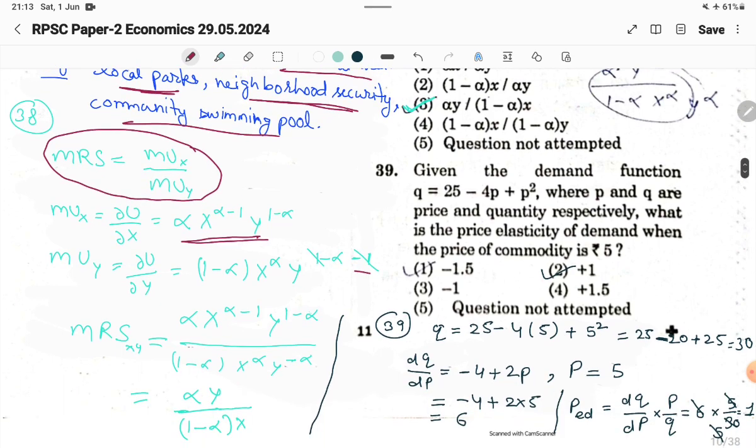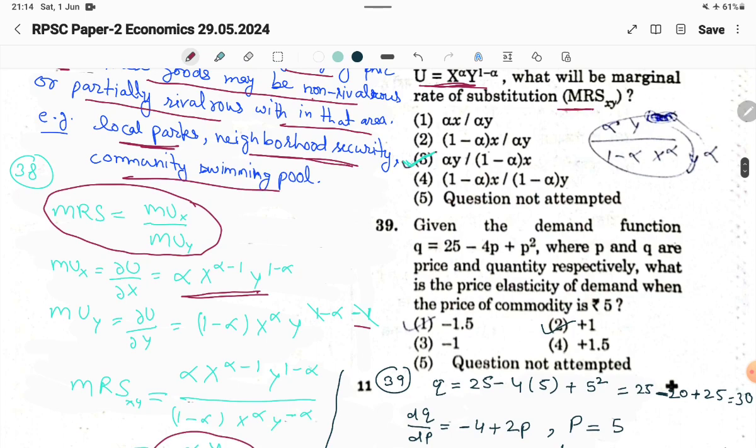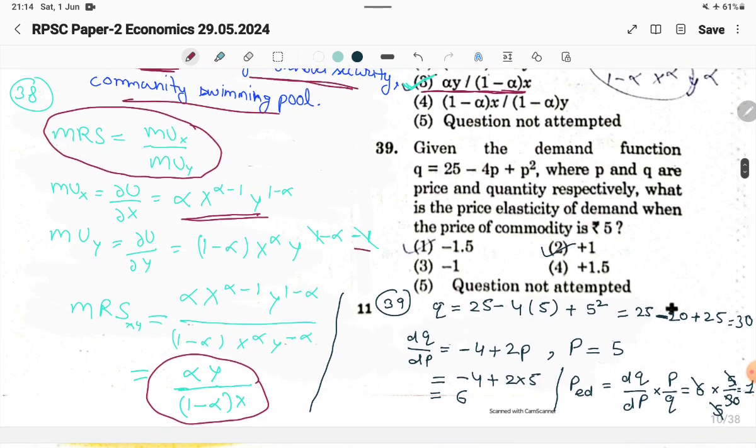So the marginal utility of xy is equal to alpha x^(alpha minus 1) y^(1 minus alpha) divided by (1 minus alpha) x^alpha y^(minus alpha). If we solve it, it will give us alpha y divided by (1 minus alpha) into x, and the third option will be the right answer of this question.